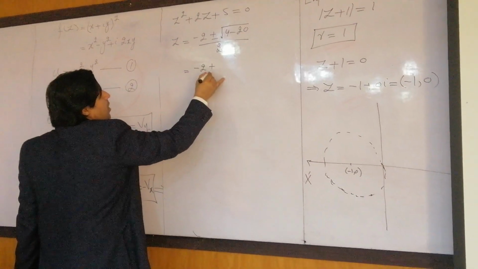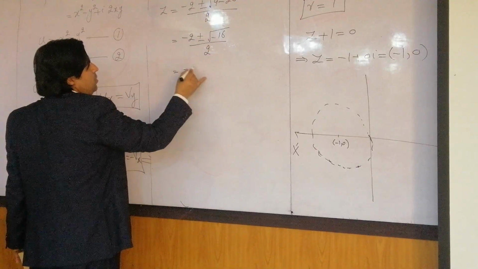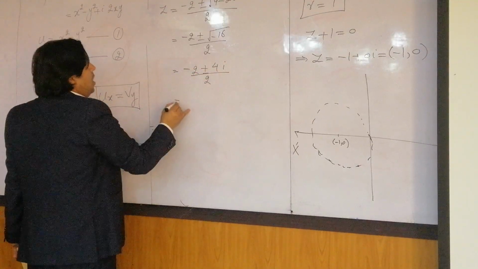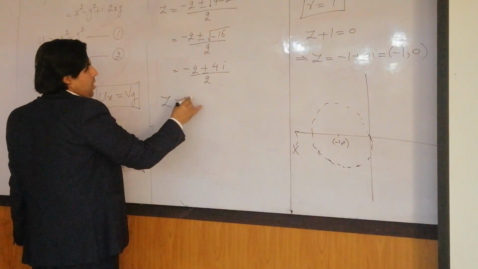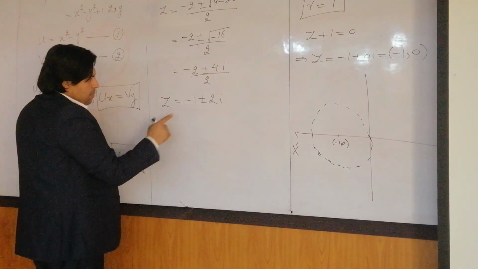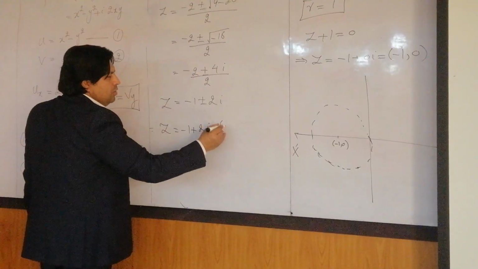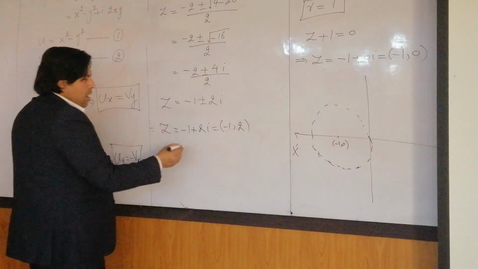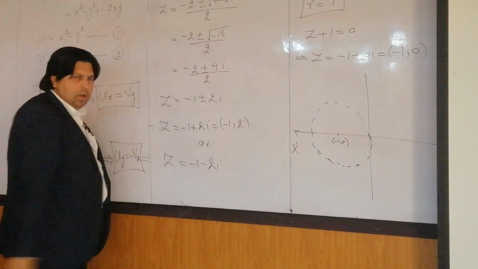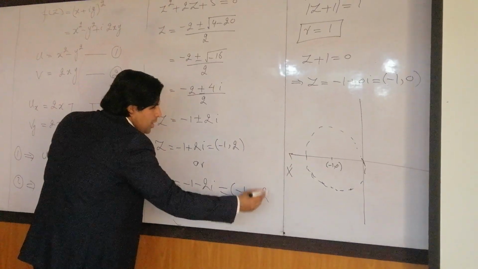Minus 2 plus minus the root of minus 16, divided by 2, and from this we get minus 2 plus minus 4 iota divided by 2, and this is equal to minus 1 plus minus 2 iota. So we now have 2 points. The first point is minus 1 plus 2 iota, which is equal to minus 1 comma 2, and the second point is minus 1 minus 2 iota, which is equal to minus 1 comma minus 2.